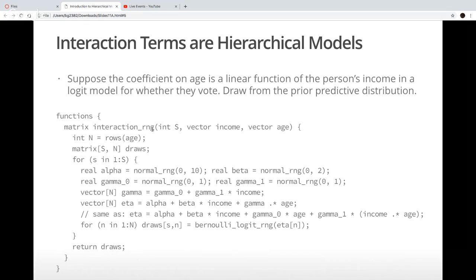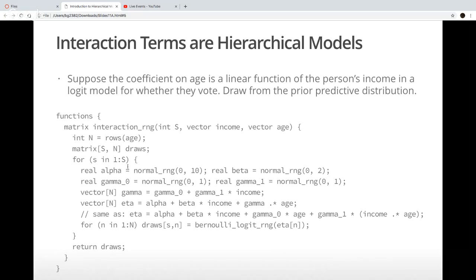We have an integer S for the number of simulations we want to do, a vector for the person's income and a vector for the person's age. So we just allocate the draws, and then we loop from s equals 1 up to the number of simulations.